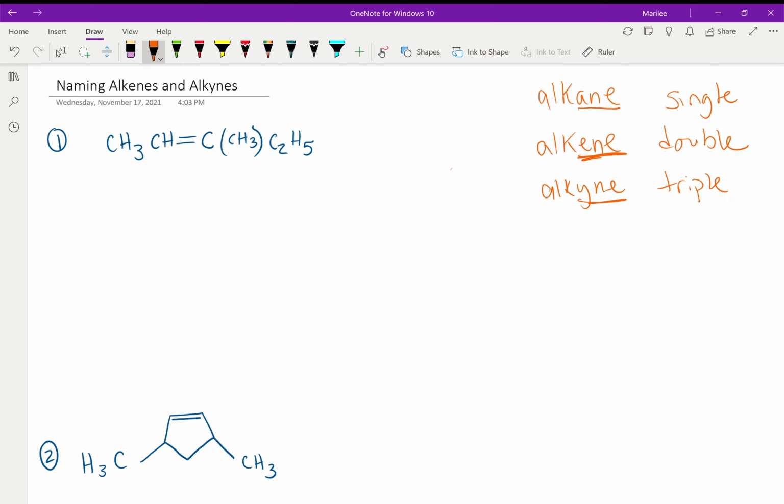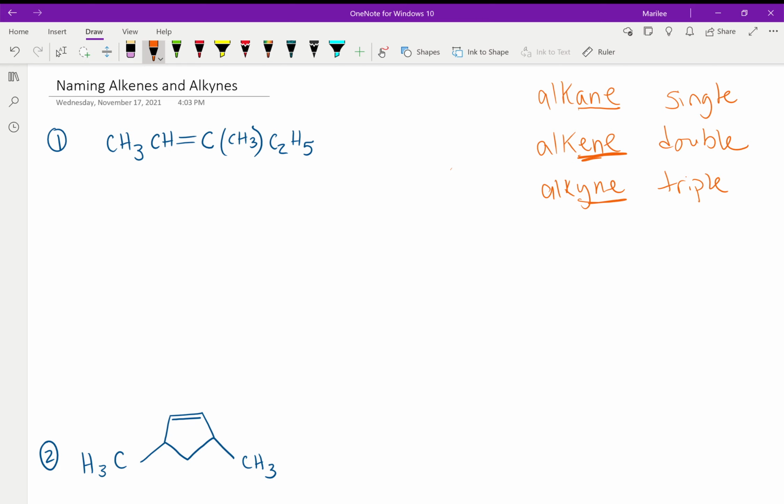So anytime we have a structure that has a double bond present, the naming will end in -ene, and if we have a structure that has a triple bond present, the naming will end in -yne. And if it's all single bonds, which we did last week, it will end in -ane.